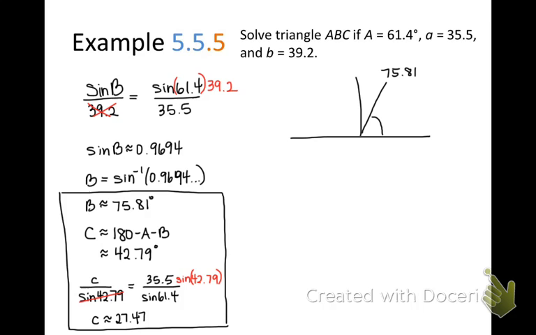Where else could that angle still be and still be positive? Which quadrant? Quadrant 2 would still have a positive sine value, right? So this angle right here could also be a potential angle. How do I find that angle?